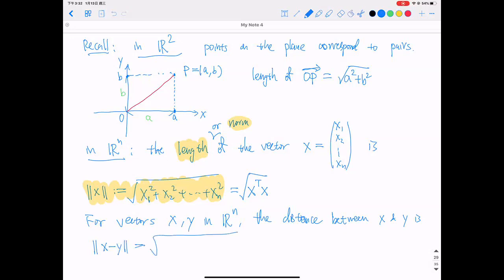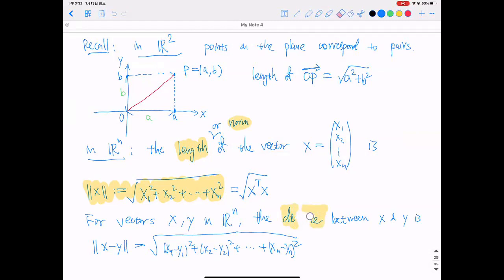So that is the square root of x1 minus y1 squared, x2 minus y2 squared, up to xn minus yn squared. So this tells you how to compute the distance between two vectors. Maybe I should correct this a little. The distance.